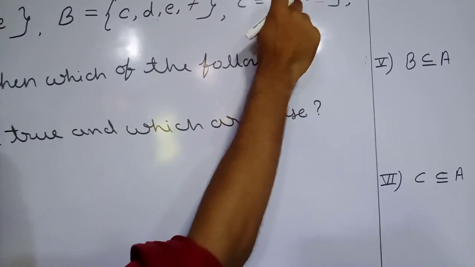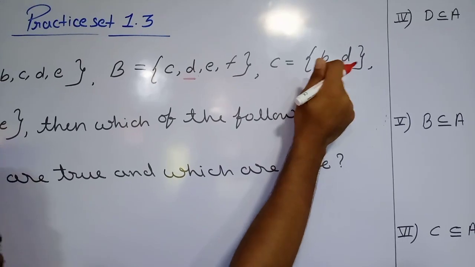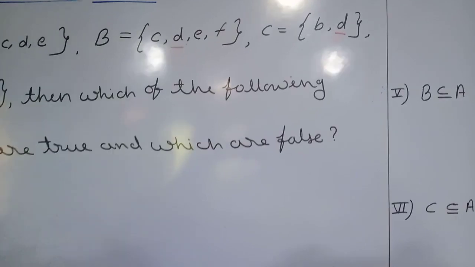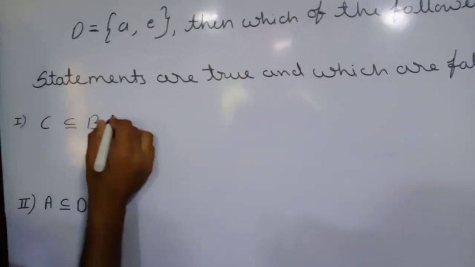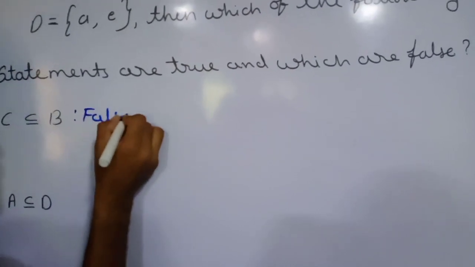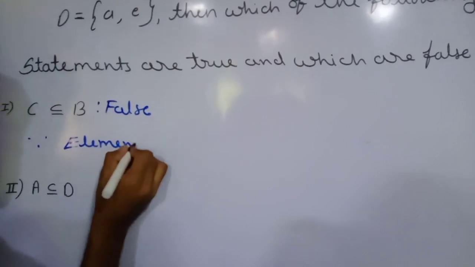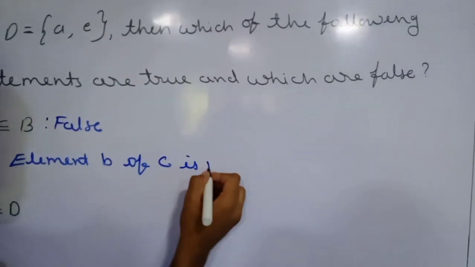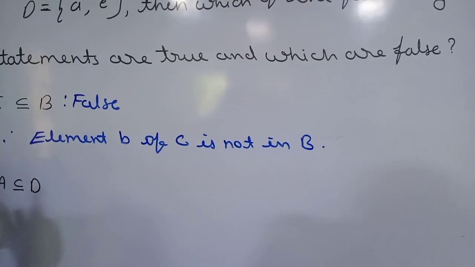No, we don't have B. Just we have the D. Means we can say element B of C is missing in the set B. So set C is not a subset of B. So it is false. Reason: element B of C is not in B. Therefore it is false.